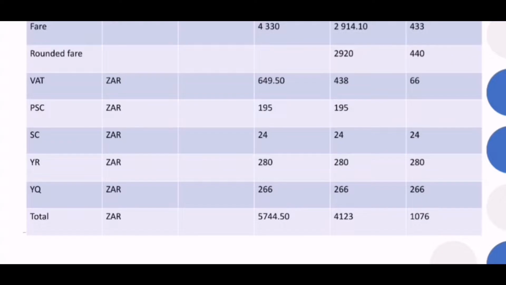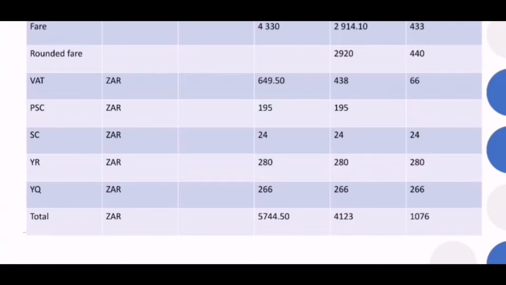So after identifying the fares that we are going to be charging for each sector and each individual, we then move on to the second part of the fare calculation box, which is at the bottom. In this second half, we now start adding up the taxes that the airport and the various service providers will charge, or including also the VAT and so on and so forth.